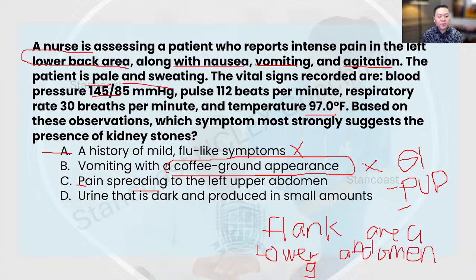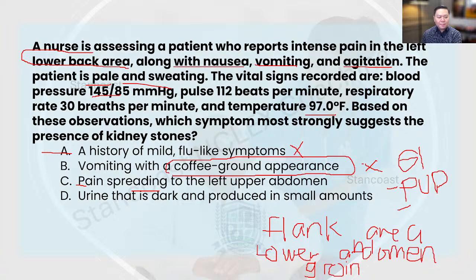So it follows the pattern of the movement of the stone from the upper to the lower part of the urinary tract. So again, flank area to the lower abdomen, then to the groin. So it's like a flow of electricity kind of sensation that's very sudden, so intense. It's just like a piercing kind of sensation that radiates down to the groin. So that's basically the characteristic type of pain.